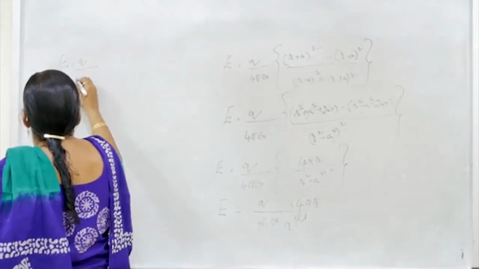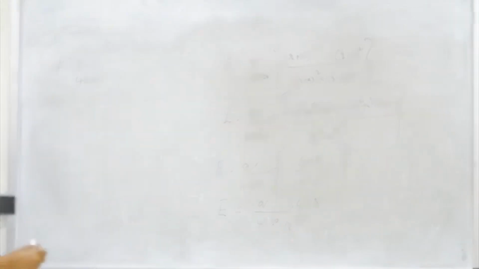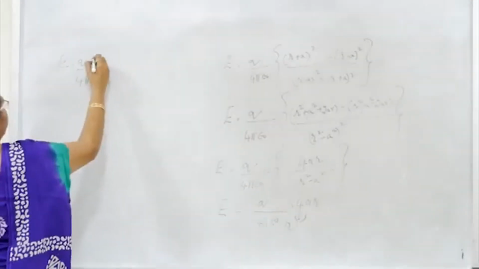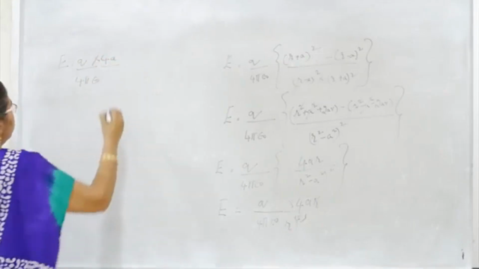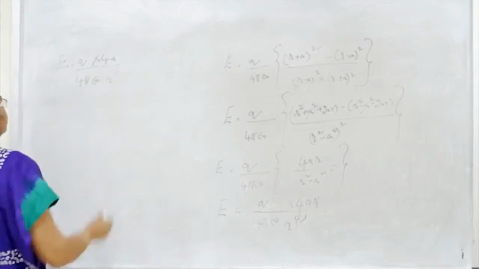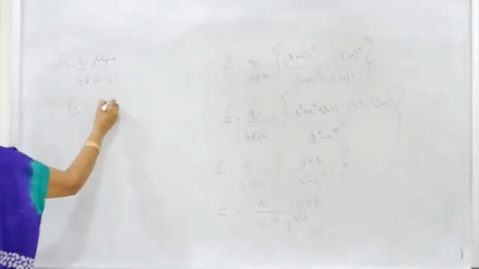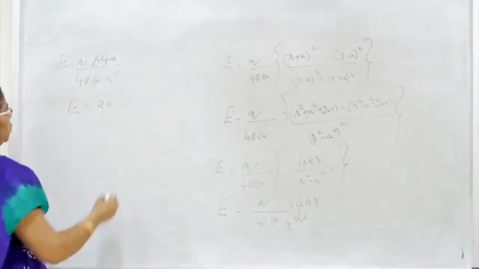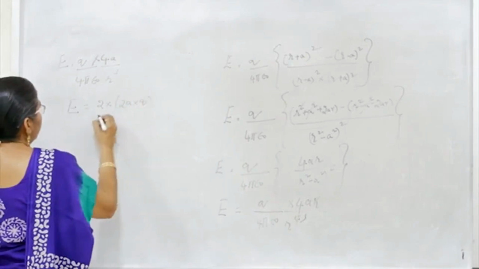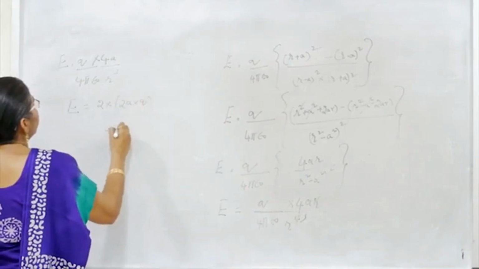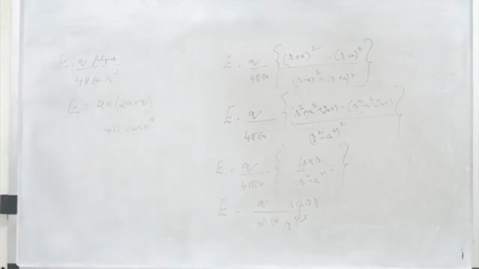Q by 4 pi epsilon naught into 4A by R cube. So E is equal to 2 into 4AQ, which can be written as 2A into Q by 4 pi epsilon 0 into R cube.